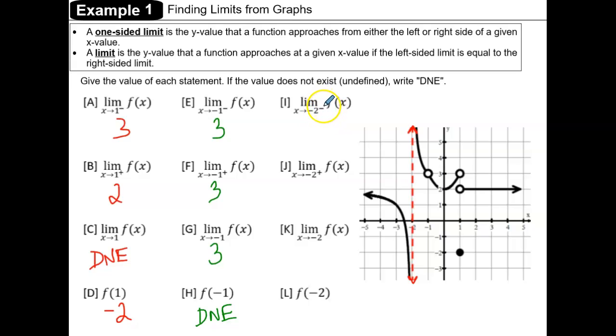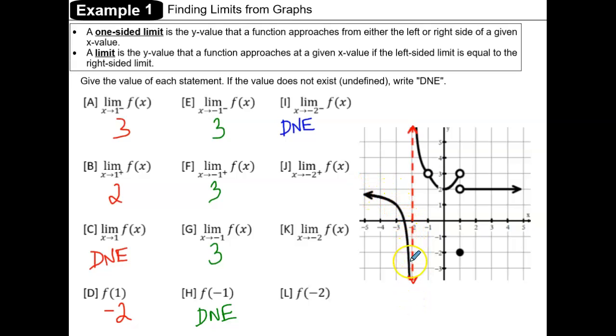So I want to find the left-sided limit for -2. So here's -2 on my x-axis. It's a vertical asymptote. As I come from the left, I'm coming along that piece of a rational function, and it's going to go closer, closer, closer, but never is it going to touch or cross that vertical asymptote at -2. So the limit does not exist. However, sometimes it's useful to know that it's not absent because of a hole in the graph or a gap or a jump, but it's headed in a direction.